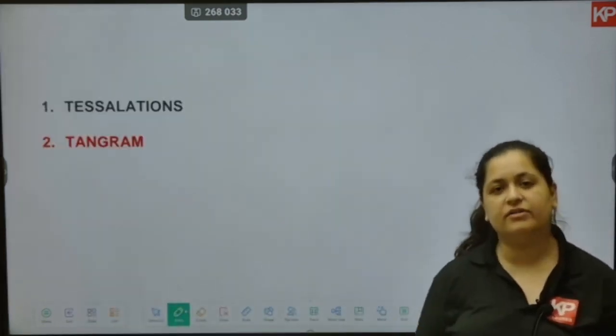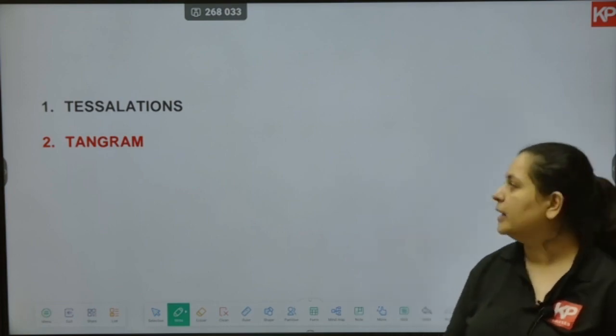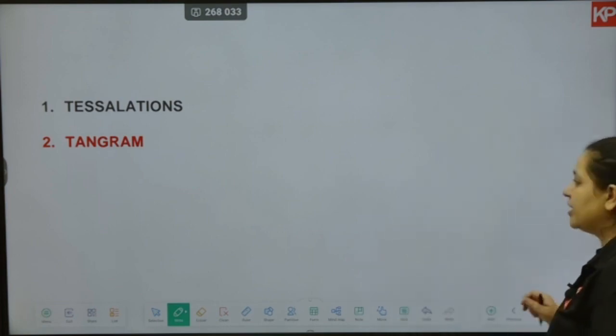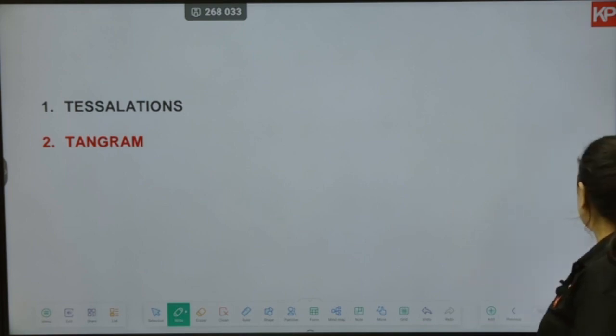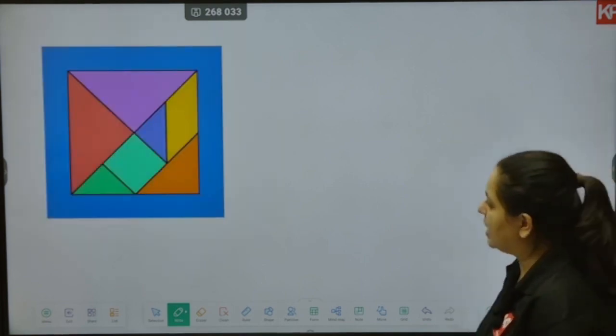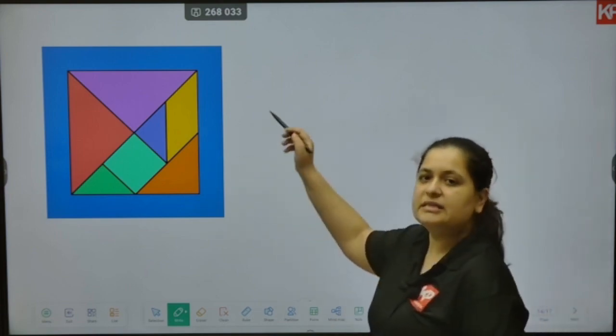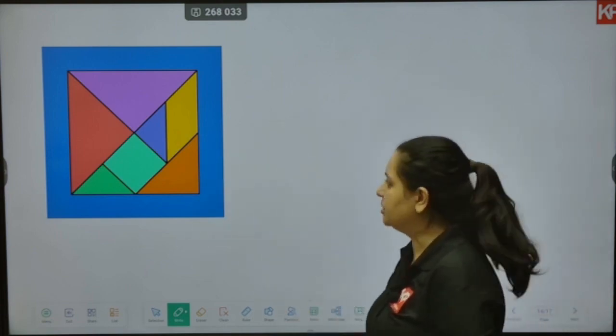With this, we are done with the tessellation chapter. I hope that you have understood tessellation very well and will be able to do the practice questions really well. Now let us move to the next type, that is tangram. What happens in a tangram is a square is divided into 7 further shapes.